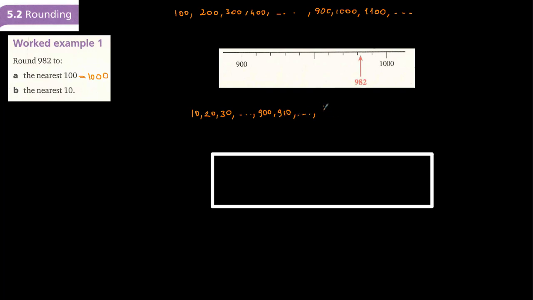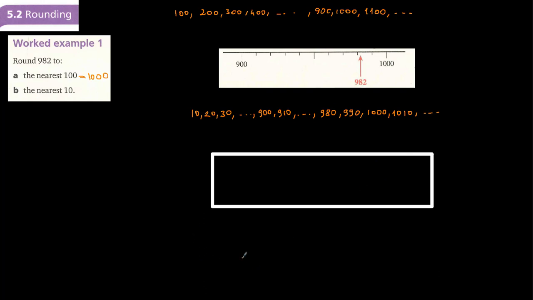Then it will be 980, 990, then again 1000, and then 1010, and we can continue like this. These are the 10 units.